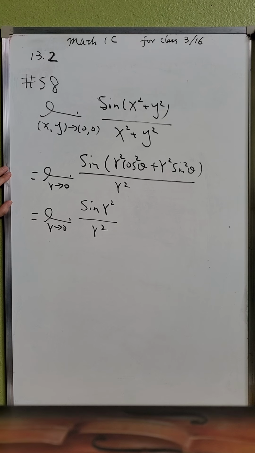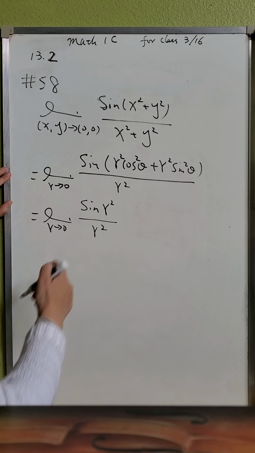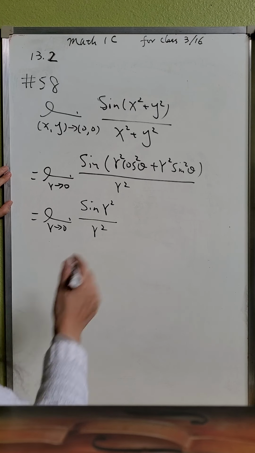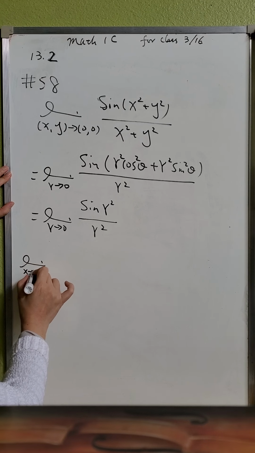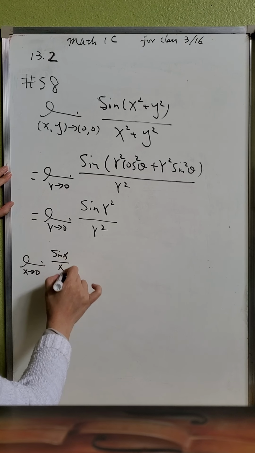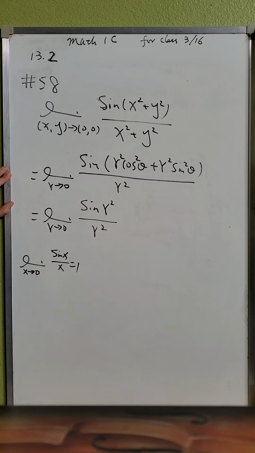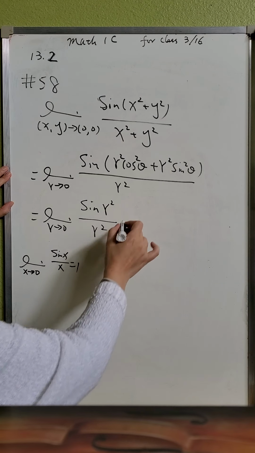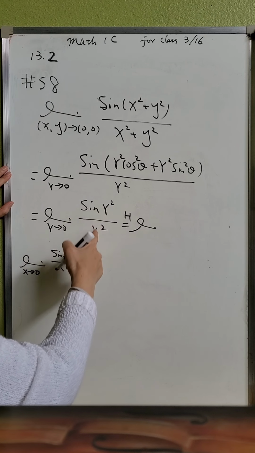And now let's see. What happened to this? Okay, now remember that when we did 1a, we have a property, right? The property we did in 1a is that the limit as x approaches 0 of sine x over x equals 1. That's right? So you can look at this, it's almost like that, okay? Or you can use L'Hopital's rule now because you only have one variable. So you can use L'Hopital's rule if you want here, because it's what? 0 over 0.